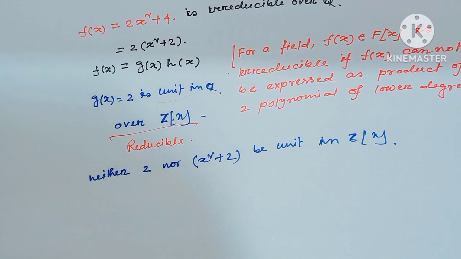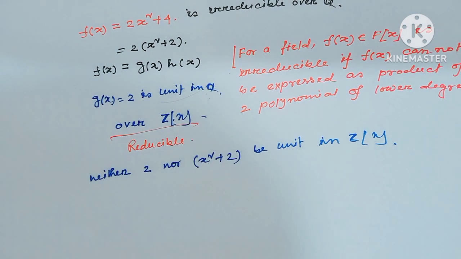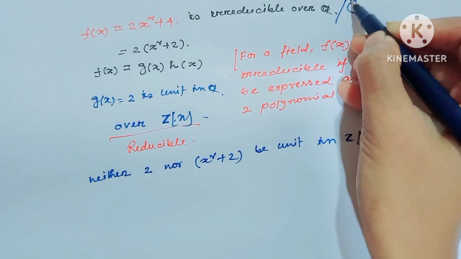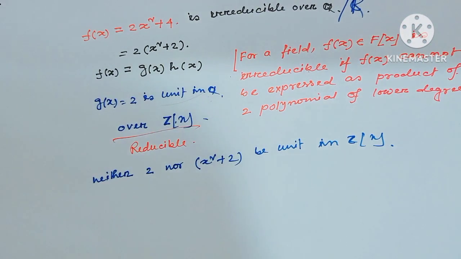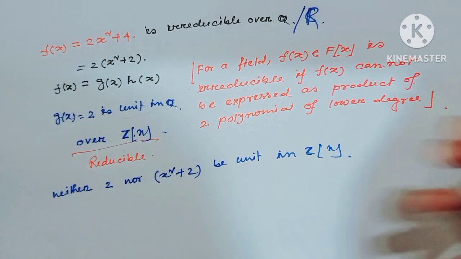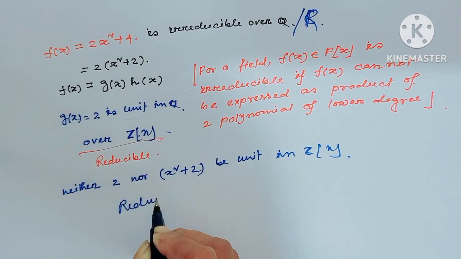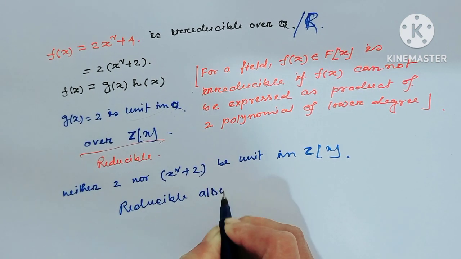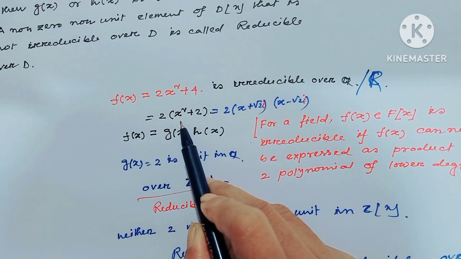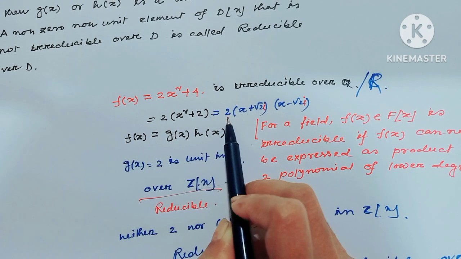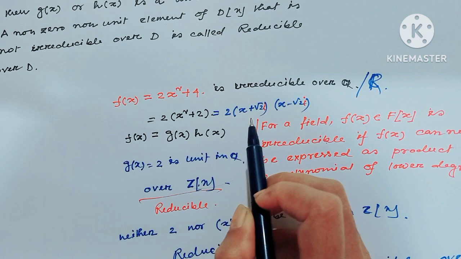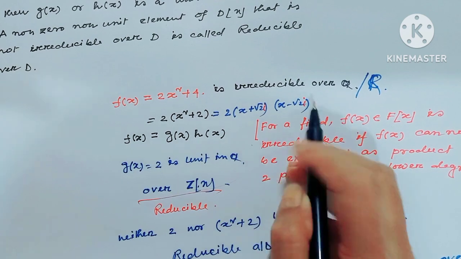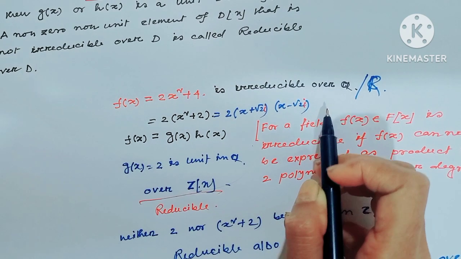over Z[x]. Similarly, this is irreducible over not only Q, this is irreducible over the real numbers, but this is reducible not only over Z[x], this is reducible also over the complex numbers. Why? Because 2 times (x^2 + 2), we can split this as 2 times (x + sqrt(2)i) times (x - sqrt(2)i).